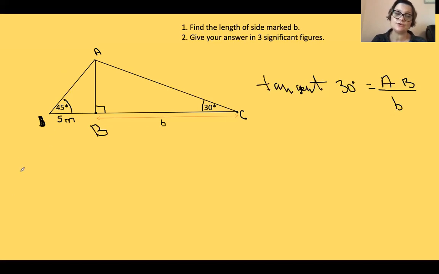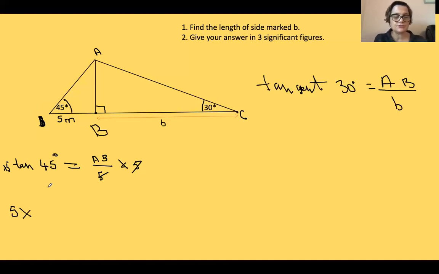We have tan 45 degrees equals opposite over adjacent, so it's AB over adjacent, which is DB, 5 meters in this case. To get rid of the 5, you multiply by 5 both sides, and then we have 5 times tangent 45.